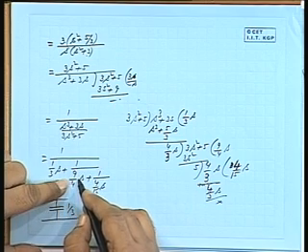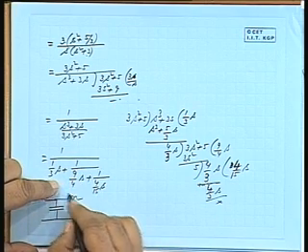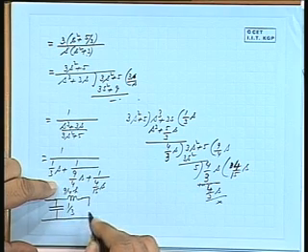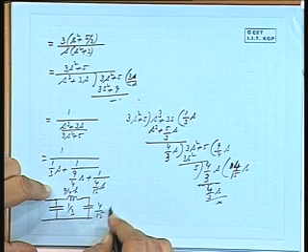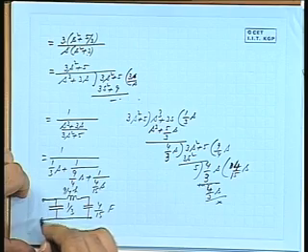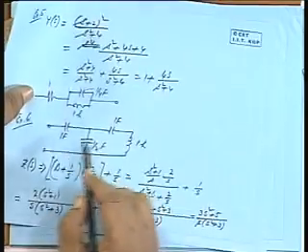Then 9 by 4s is the impedance, so 9 by 4 inductance, and then 4 by 15 farads. Is that all right? So this is the canonic form for this network.